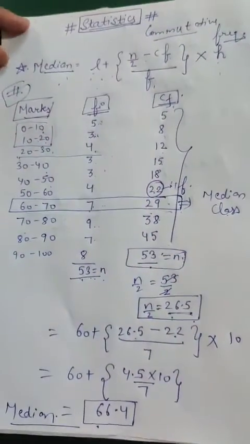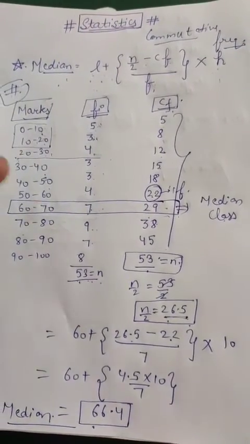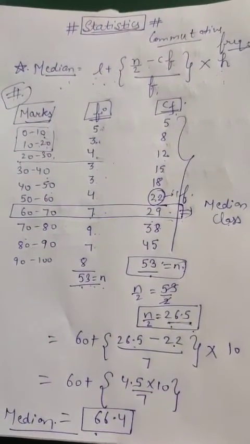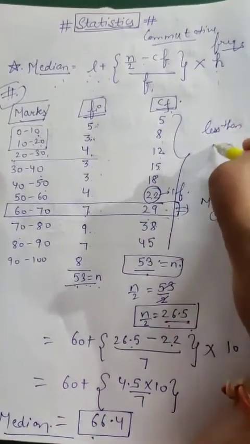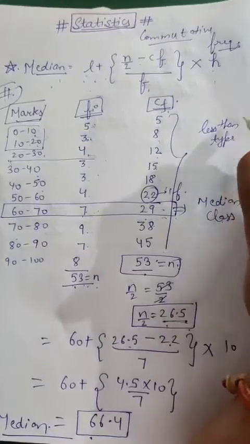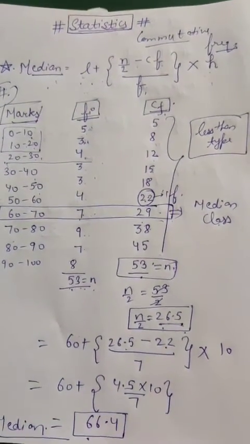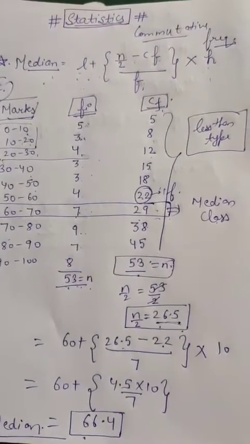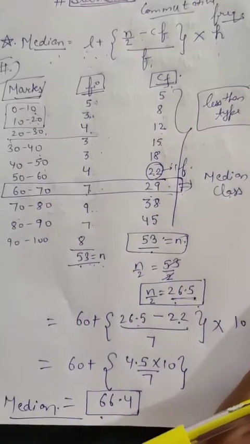And then how to find the median of grouped data, that is by the formula, and this is the question we have done by less than type. We will discuss more questions based on the median, and questions based on more than type of the frequency. cf is the cumulative frequency, and here we have done this type of question.